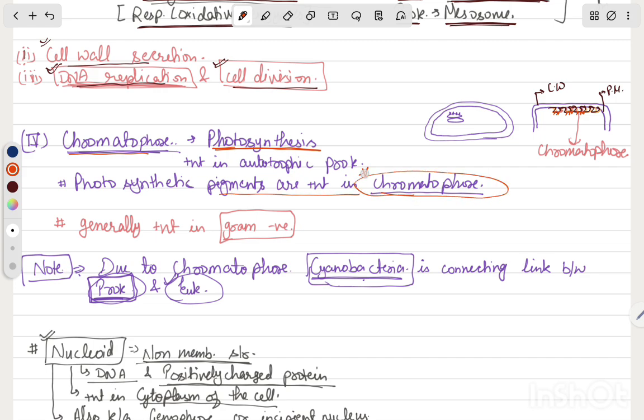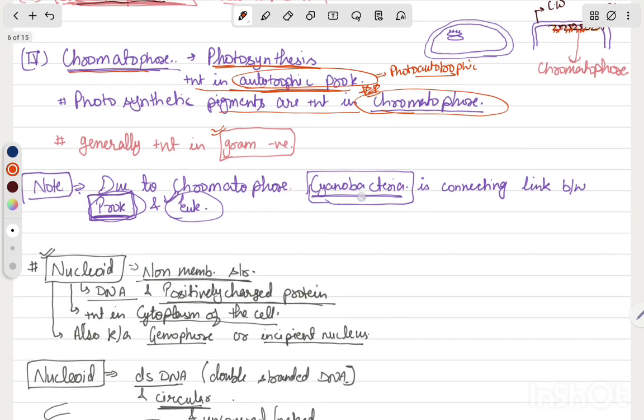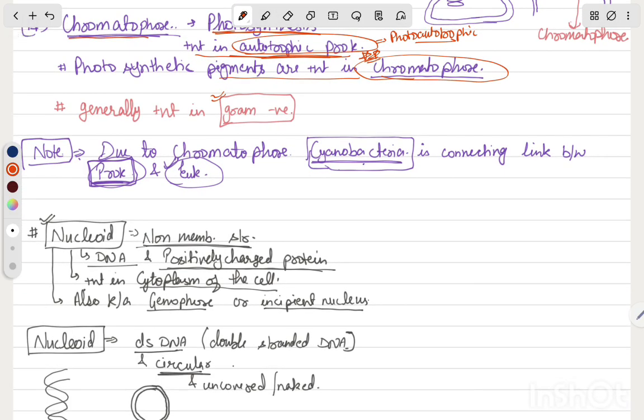That is very important. And it is present in autotrophic prokaryotes for photosynthesis. Generally, it is present in gram-negative bacteria. There is one example we can write of an organism in which chromatophore is present.